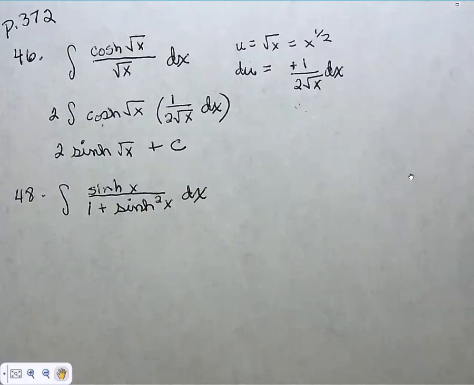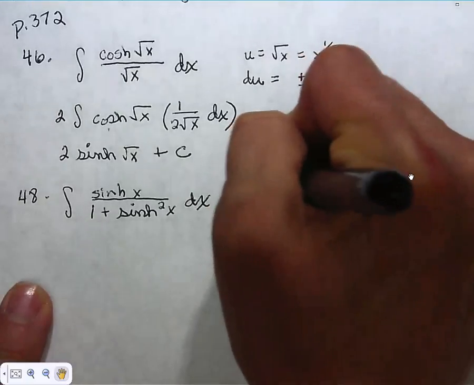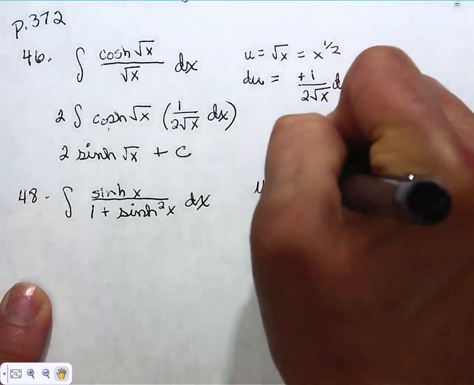If not, then we'll have to erase and try a different u. But what does your gut say to let u be? What do you think? My guess is that 1 plus sinh squared looks like it could be changed to something else. The whole denominator? All right, so let's try that. That's looking like it can be changed into something else.